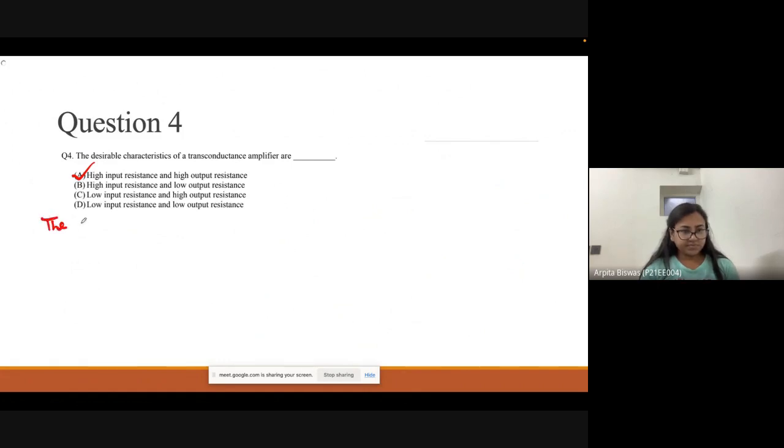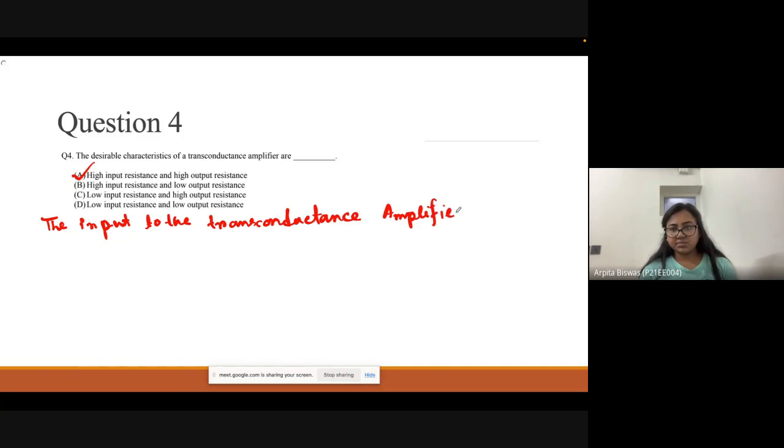The input to the transconductance amplifier is voltage. The output is current.